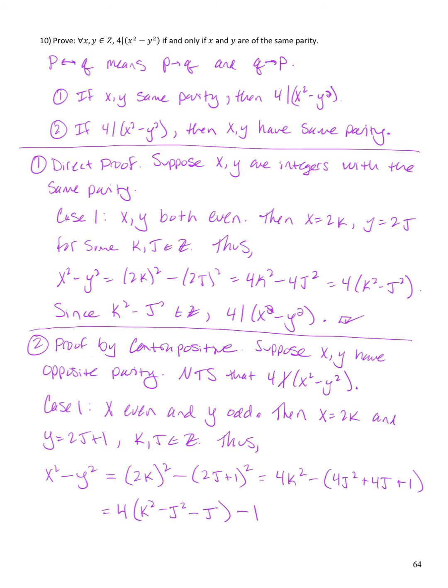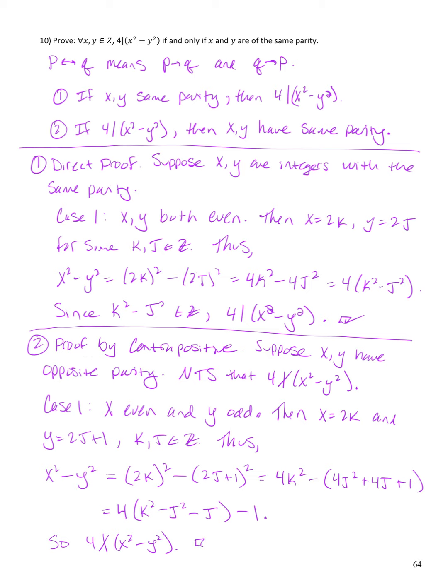So we have written x squared minus y squared as 4 times an integer minus 1. So that is not a multiple of 4. So 4 does not divide x squared minus y squared.